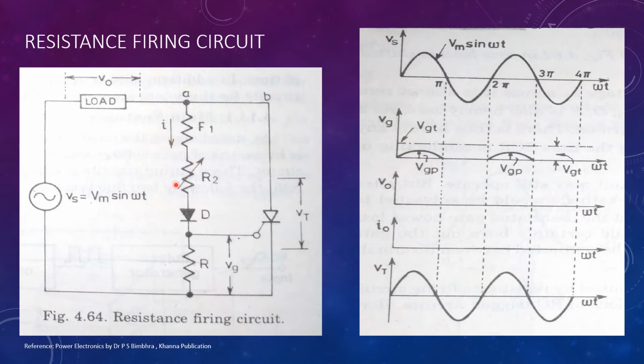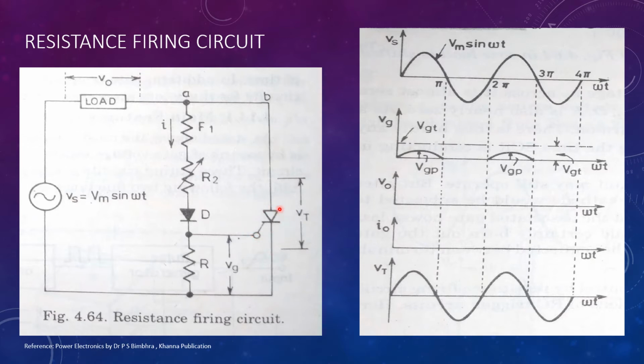Since the current I is small, the voltage across this resistance R is very small. Therefore, the peak gate pulse is less than the trigger voltage for the thyristor. If the peak gate pulse is less than the trigger voltage, the thyristor will act like an open switch.